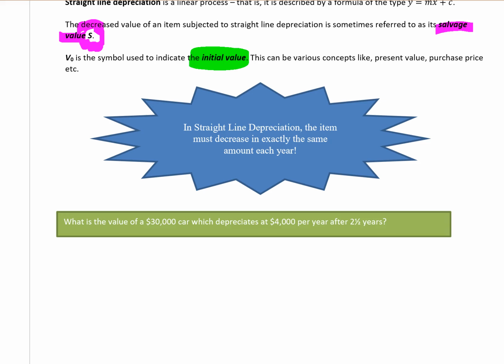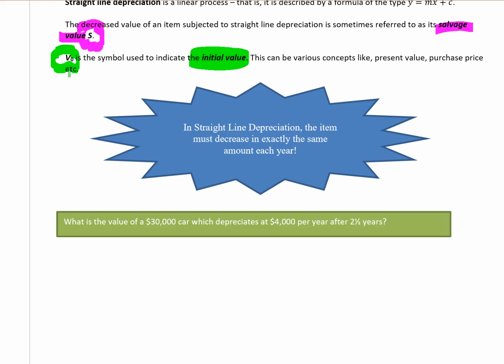The symbol that we use for this initial value is V with a little 0. Now, I think that symbol is very relevant because V stands for value, we understand that, and the 0 represents the time, at time 0, in the beginning, when I first purchased the item. So yes, that would give me the initial value.